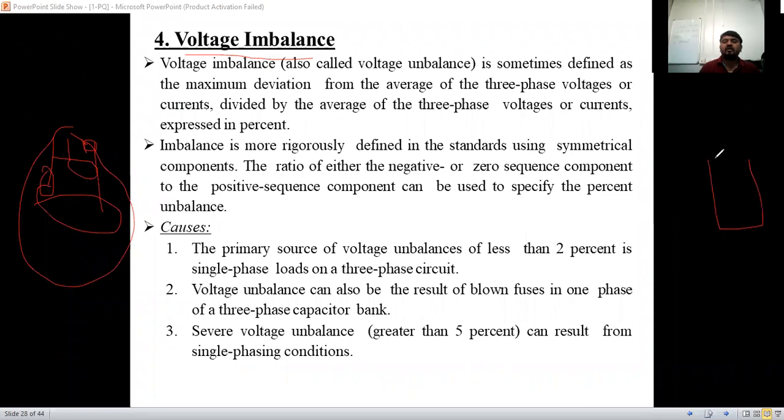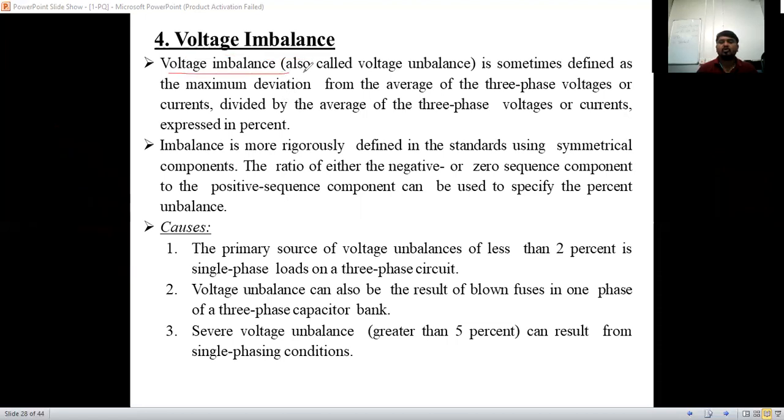For each phase you use one floor: first floor on phase R, second floor on Y, third floor on B. So this we call voltage imbalance.